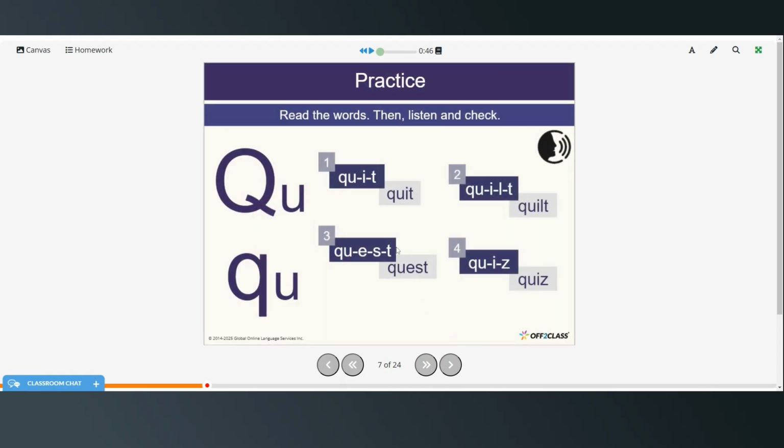Right, now practice sounding out these words, and then when you're ready, listen and check. K, W, I, T. Quit.